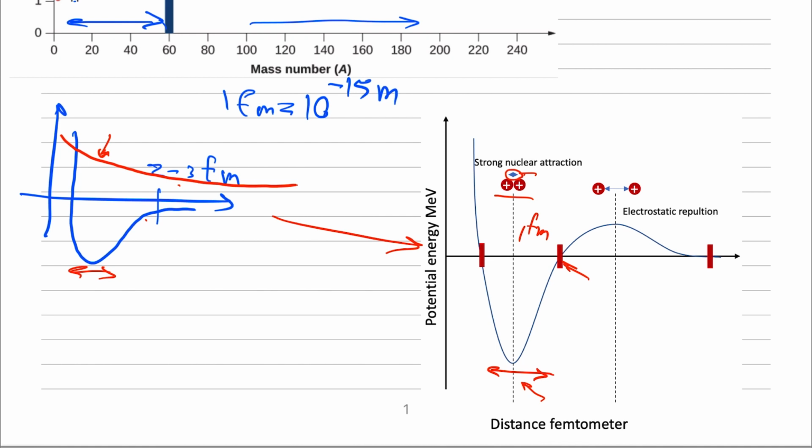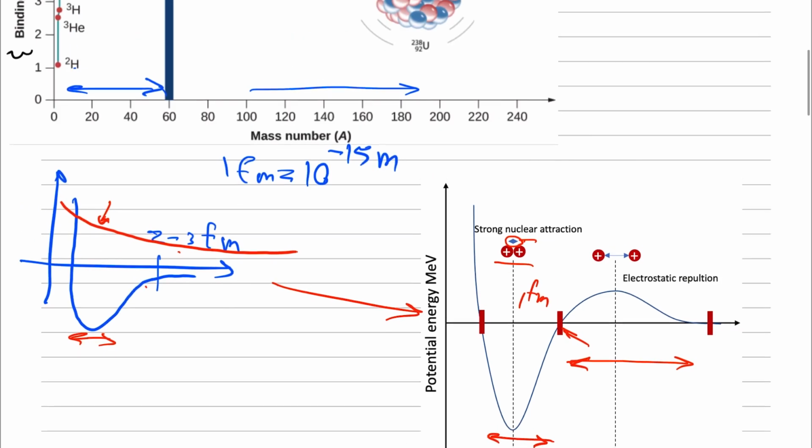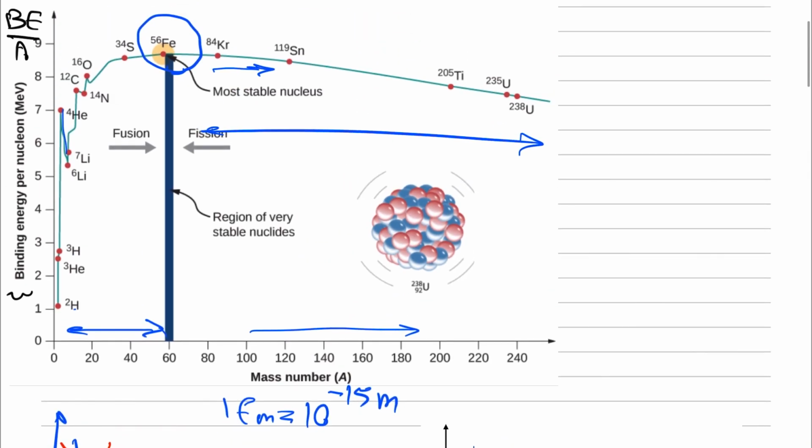As we increase the distance and the two particles get farther from each other, we get into this range where the electrostatic or Coulombic repulsion is the dominant force. And this is what happens for the elements or nuclei that reside in this range. All these nuclei participate in fission reactions.